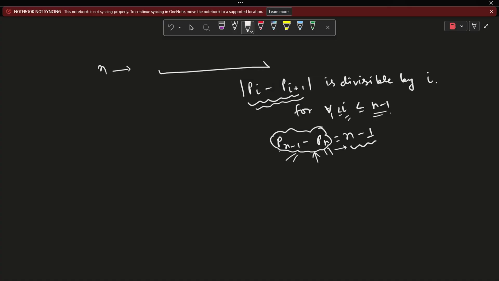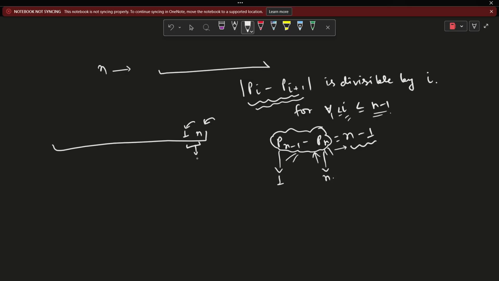From that we can conclude that one of these two elements has to be 1 and the other has to be n. If we start constructing our permutation from the end, let's say our last element is n, then the second last element is automatically 1.